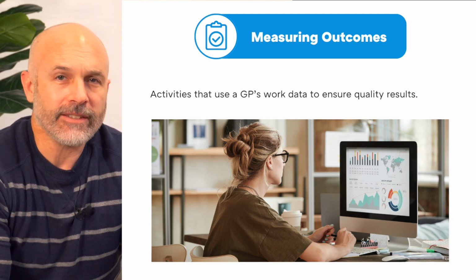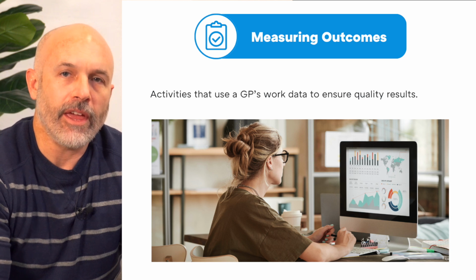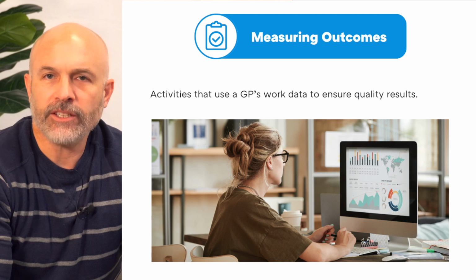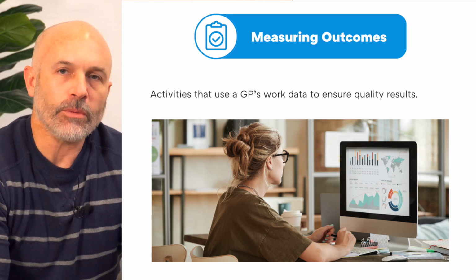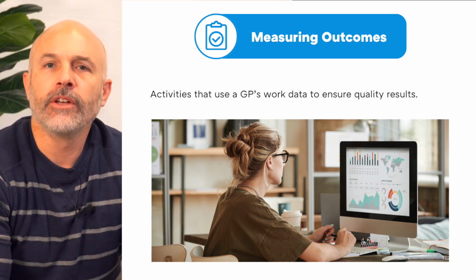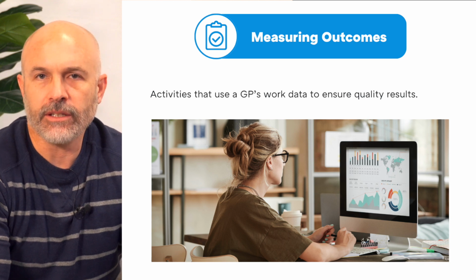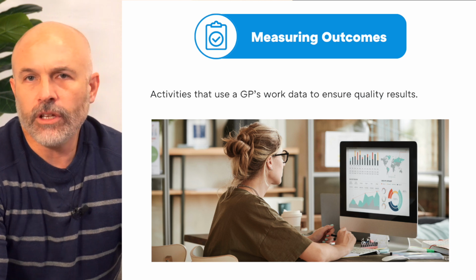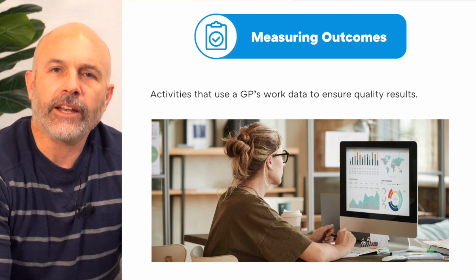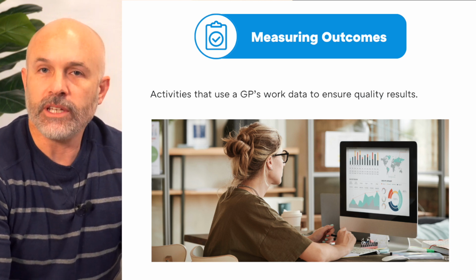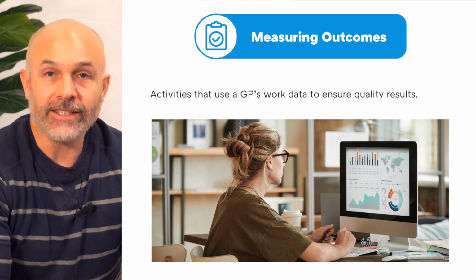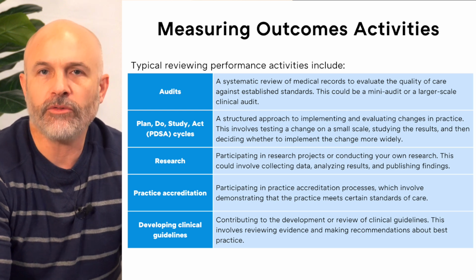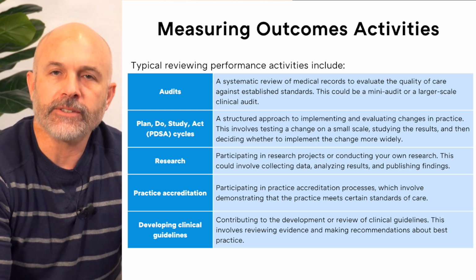And this really is the doctor looking at their actual clinical practice, looking at data, and then reflecting on that and understanding how they need to improve, or what else can they do to further enhance their delivery of medicine to their patients. And as Steve said earlier, the reviewing performance and measuring outcomes categories can be termed integrated, because ideally our doctors are reviewing and measuring their performance as a standard feature of their day-to-day practice.